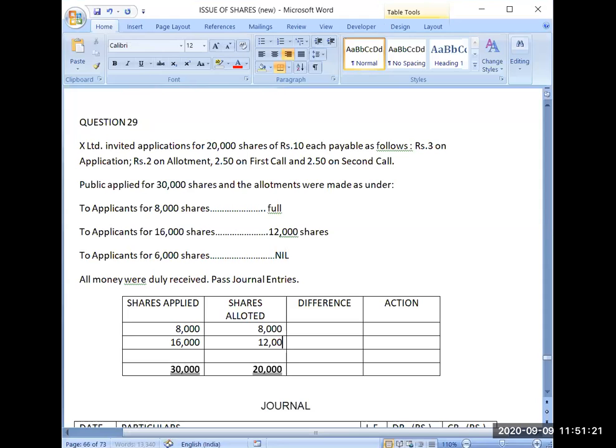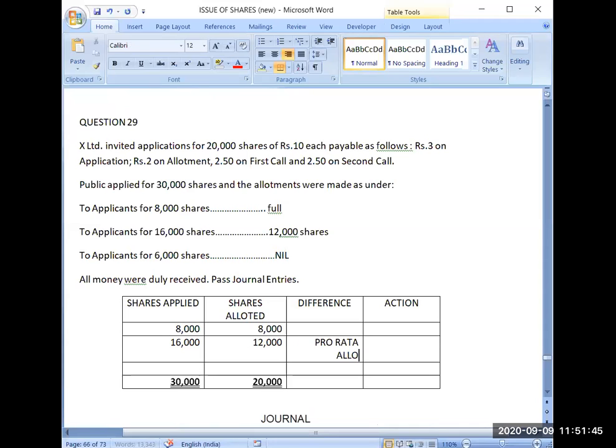What we technically call it? We call it pro rata allotment. It is pro rata allotment. It is full allotment.